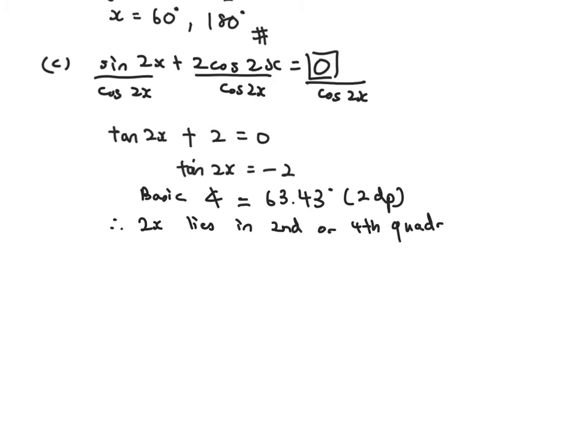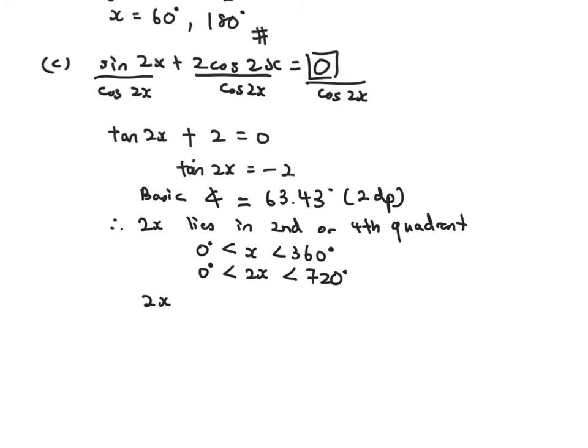Let's work out the range of 2x first. If x lies between 0 and 360, multiplying throughout by 2, you get 2x between 0 and 720. So for 2x, you have to generate values from 0 to 720.